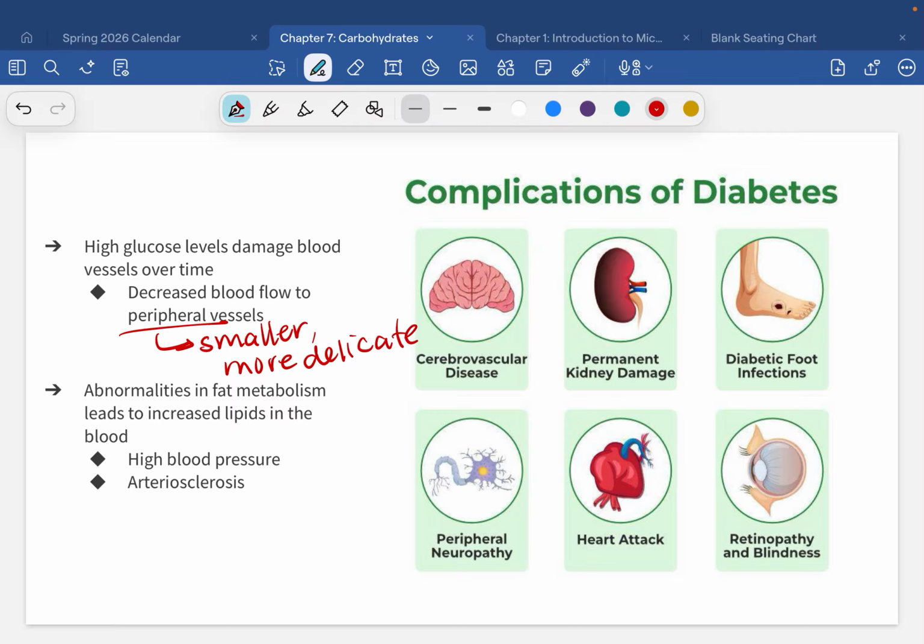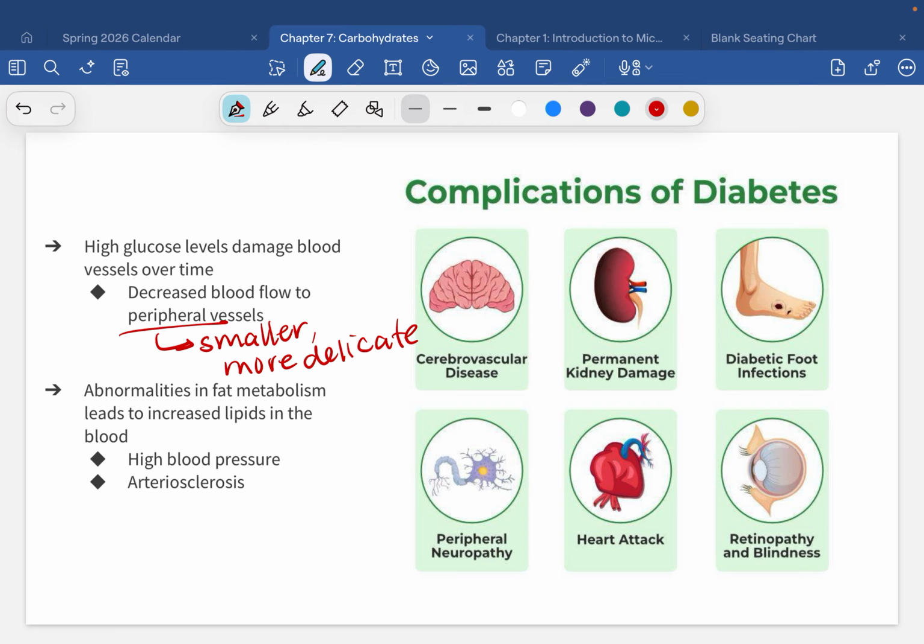When your body does not respond the way it should to the glucose in your blood, it turns to other things for food sources, and one of those is fat. Abnormalities in fat metabolism can lead to increased lipids in the blood.